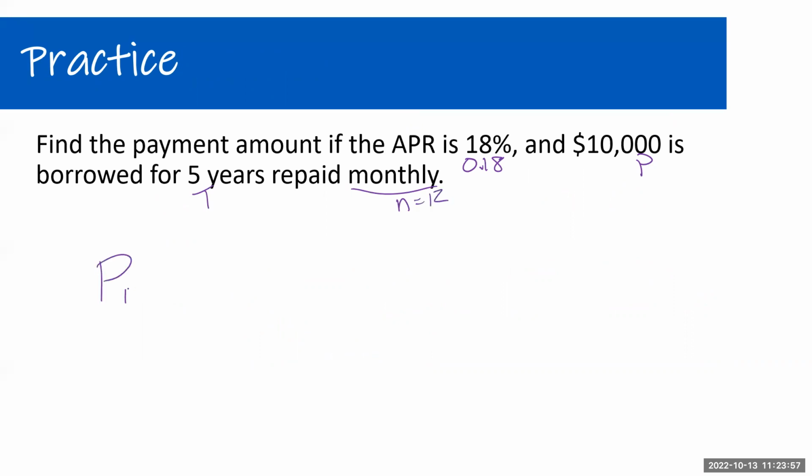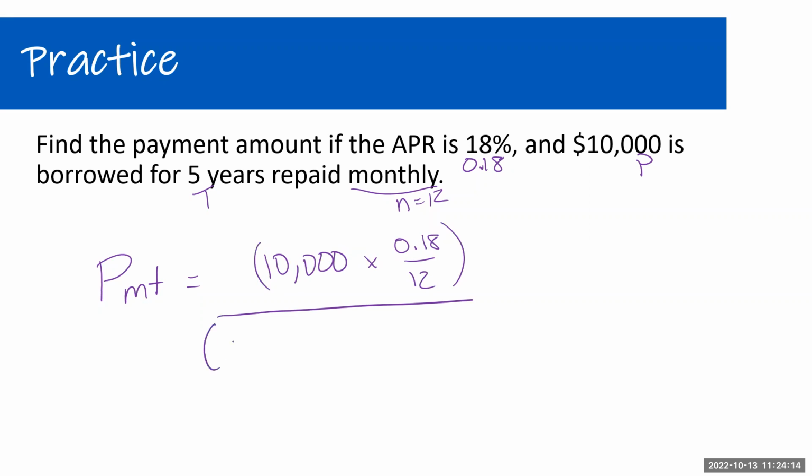So our payment is going to be $10,000 times 0.18 divided by 12, all over 1 minus 1 plus 0.18 divided by 12 to the negative 12 times 5.